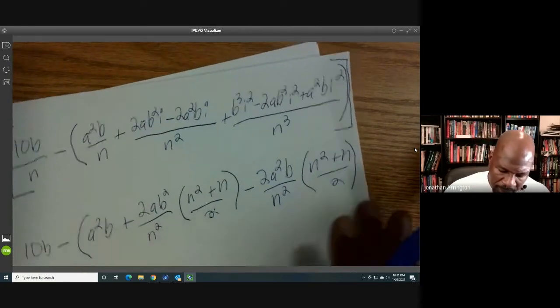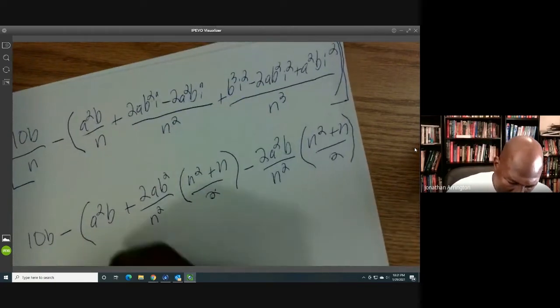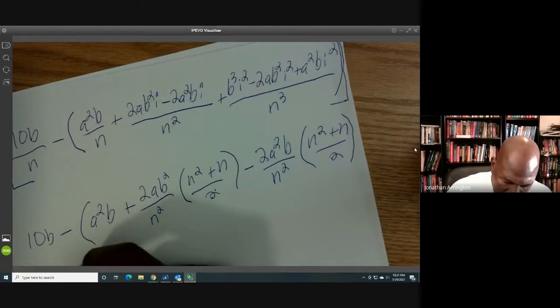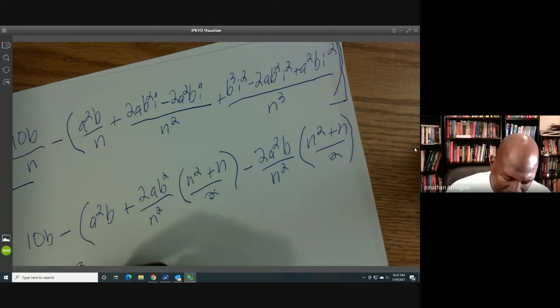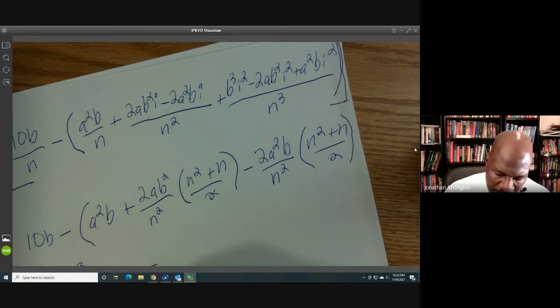So we'll have b cubed over n cubed. Well, I guess I'll write it as one fraction. I'm contemplating it will be easy for you to understand when I do the limit if I write it as one fraction, and I think you'll be able to handle it.